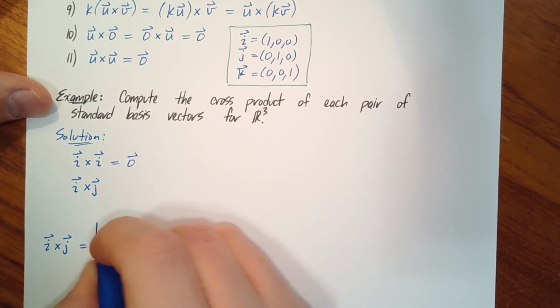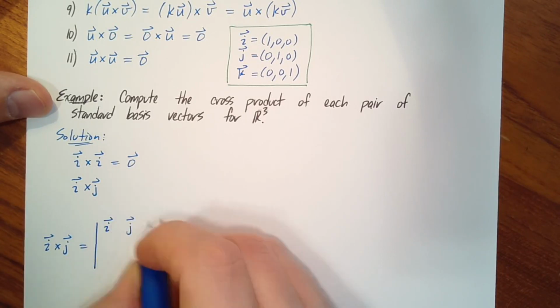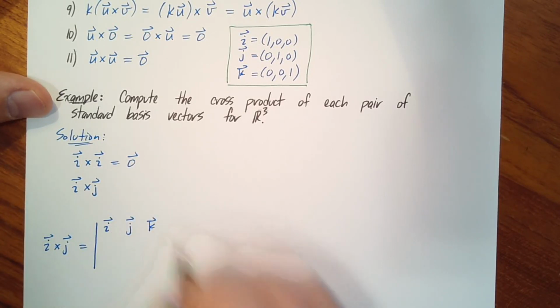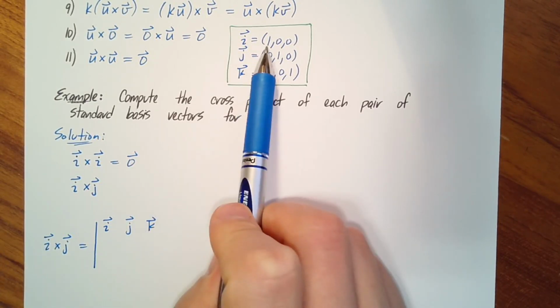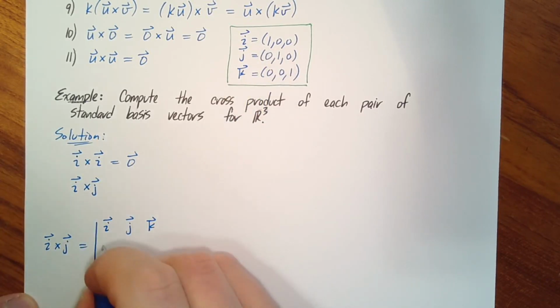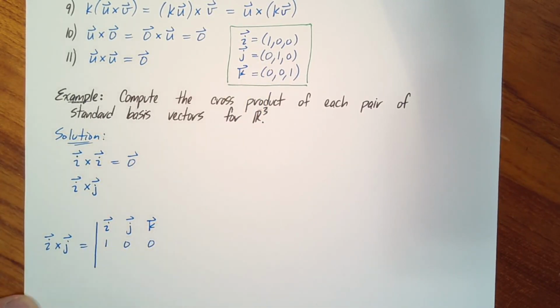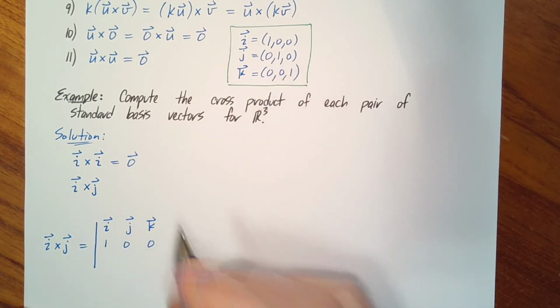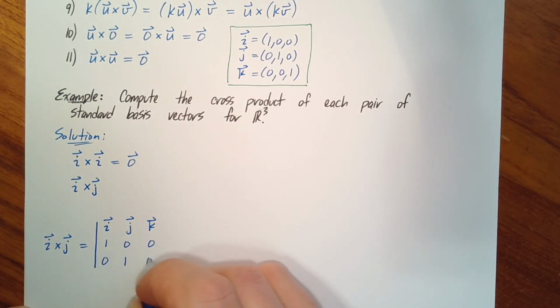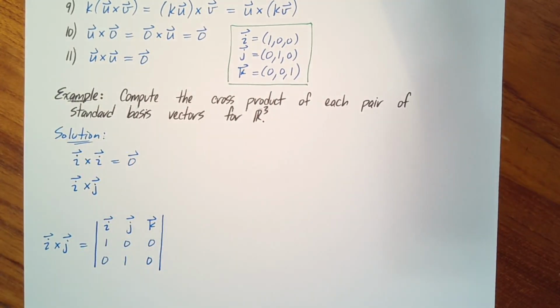The top row is going to be I, J, and K. The second row is going to be the coordinates of this first factor, which are 1, 0, 0. And then the second factor, the vector J, its coordinates 0, 1, 0, those are going to be the third row. And then the rest is just working out the determinant by a cofactor expansion along the first row.